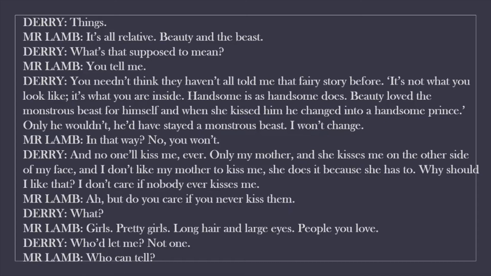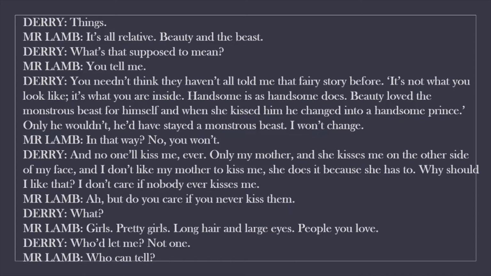Derry replied that often he had heard people saying that beauty is not related to one's appearance. Rather, inner beauty is real beauty. Even a handsome man is the one who does something good rather than one who looks good.